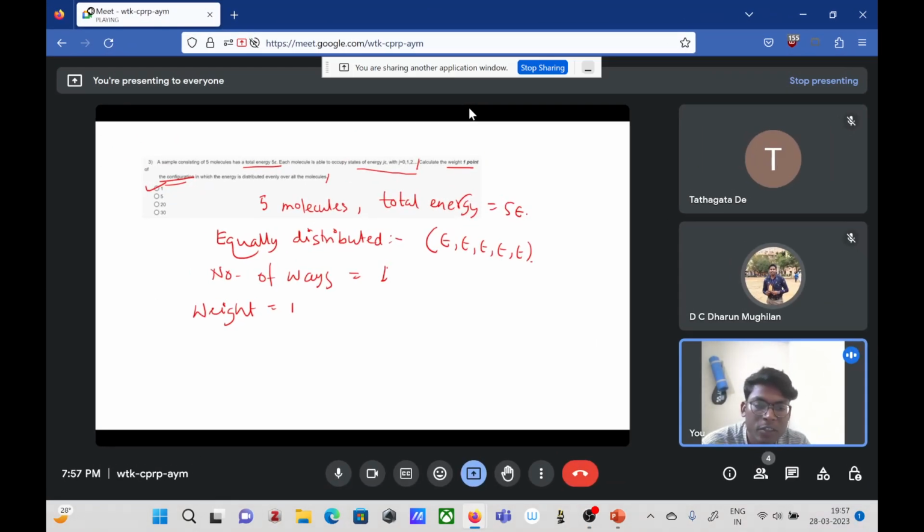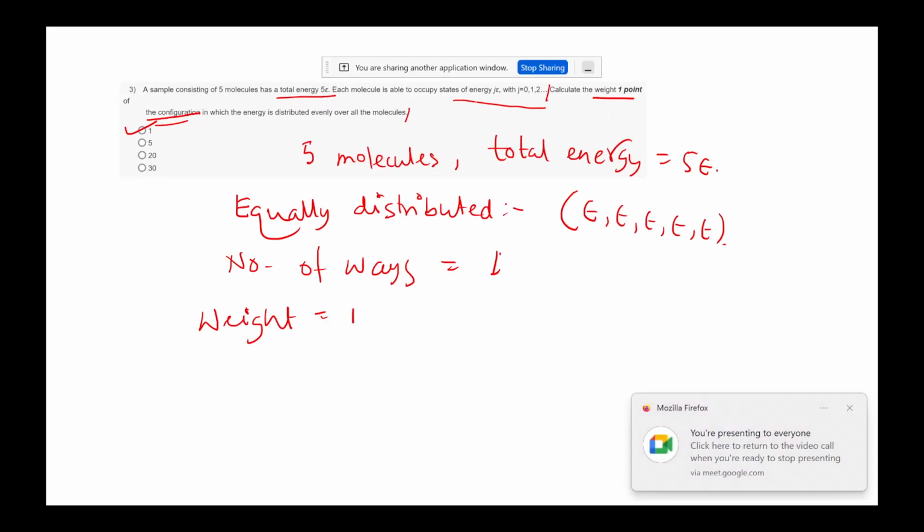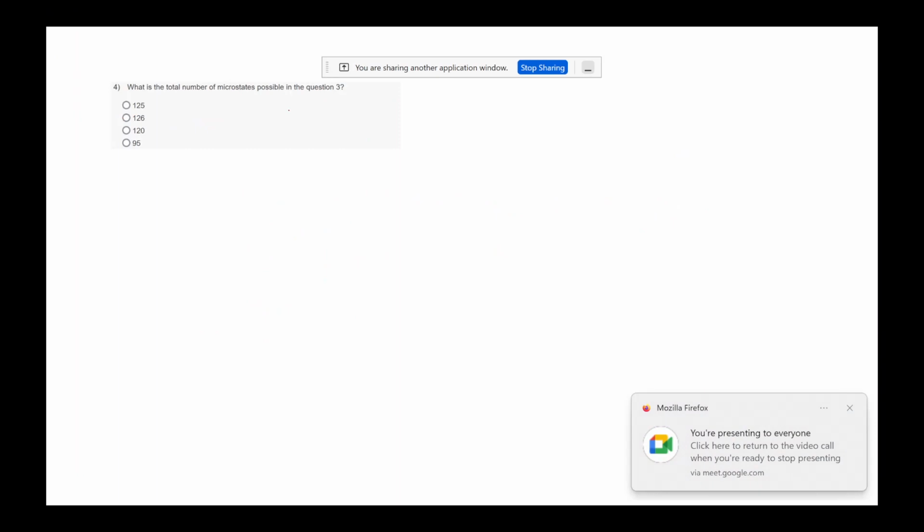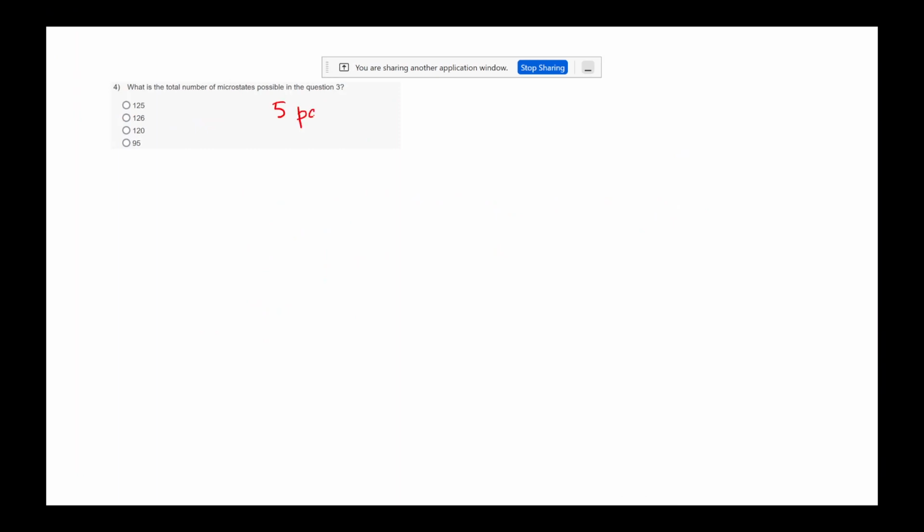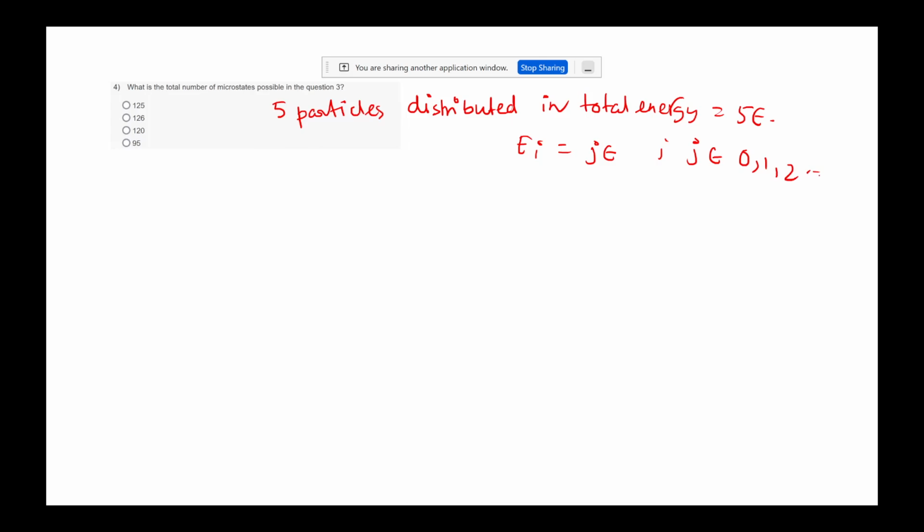Now the equal distribution and all those things, this is lifted. So if I write this in this way: 5 particles distributed in total energy equal to 5 epsilon, and individual energy they can take J epsilon, where J is an integer 0, 1, 2.